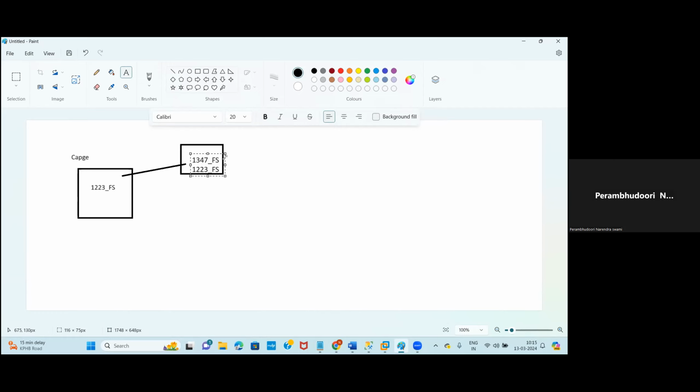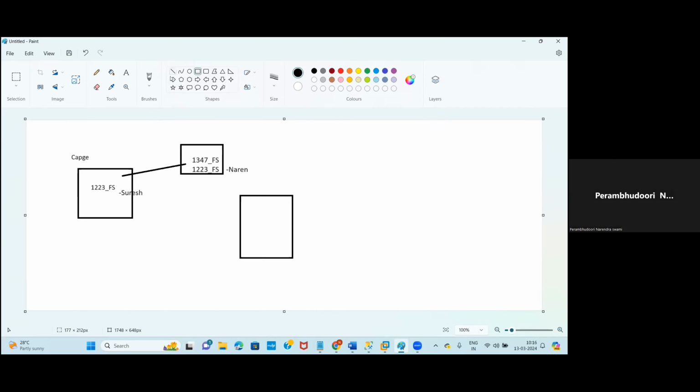But this employee's name is Naren, and here this employee's name is something like Suresh. If we combine these two datasets into one database, because this company is now acquired and belongs to a single company, I will load the two datasets into this database.